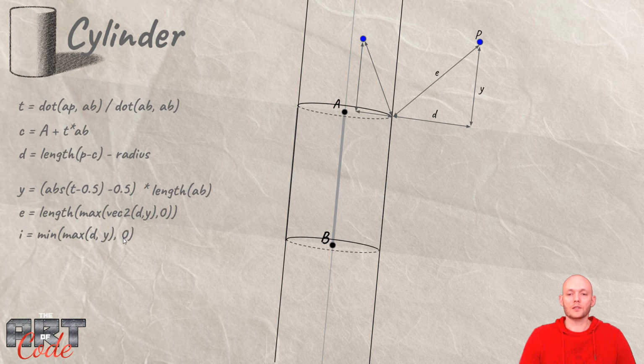And then I only want to do that for points that are inside, and that's why this whole thing is inside of this min 0 thing, so that if there's any point that is outside, this will be larger than 0, and then the min 0 will cap it at 0. So this is my interior distance, and the whole distance to the object is the exterior distance plus the interior distance.